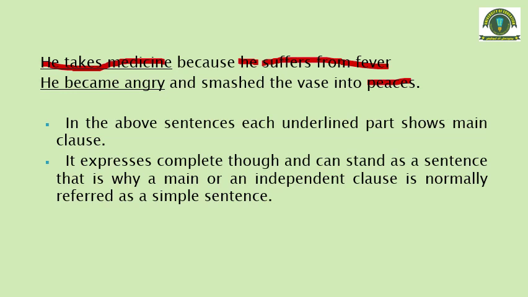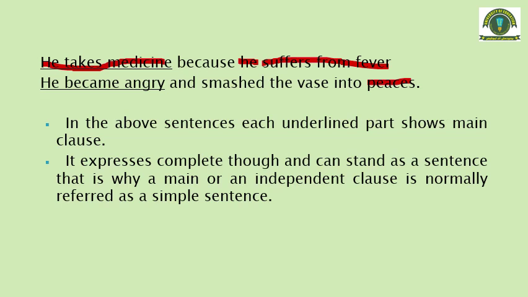Vase means the pot in which we put flowers. So "smashed the vase into pieces" cannot make its meaning clear. It depends on further detail. Who smashed the vase? What caused this vase to be smashed? So the next part is a dependent clause. The first part, "he became angry," makes clear that there is a person who got angry about a certain thing, and you will get that so easily.